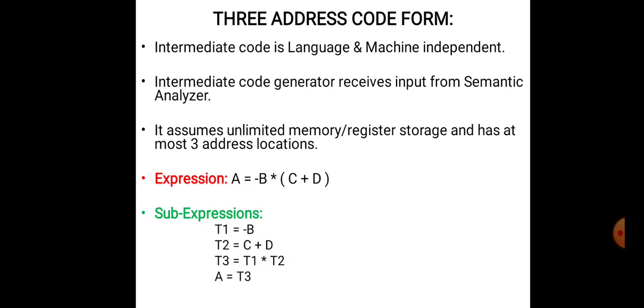Now this final value in T3 should be assigned to the left hand side variable, that is A. So the T3 value is assigned to A finally, and our overall simplified value is present in the variable A.